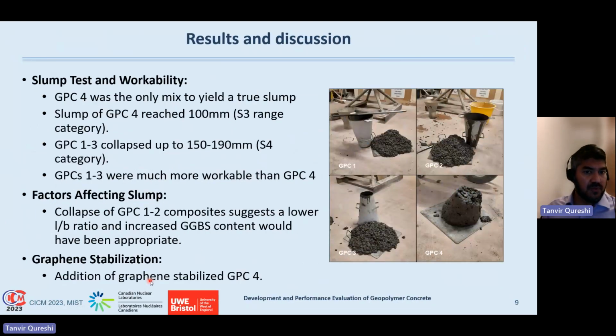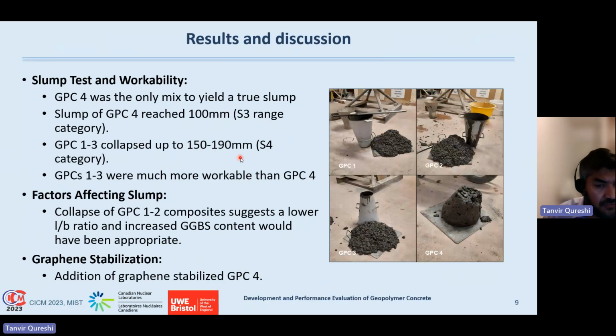Now, when we started with the slump test, the simple slump test suggests that GPC 4 retains somewhat the true slump, in the S3 range, which is about 100 millimeter of slump, whereas other mixes, GPC 1 to 3, collapsed in the S4 category, which is between 150 to 190 millimeter.